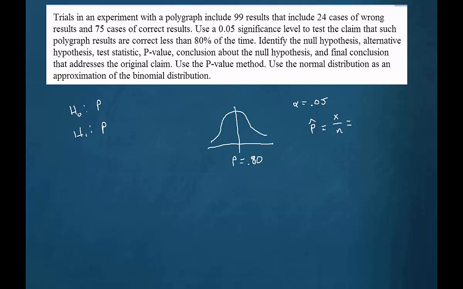So the question again is, are the results correct less than 80% of the time? Now we had 75 out of 99 that were correct. If we round that to 3 decimal places, its decimal representation would be 0.758.